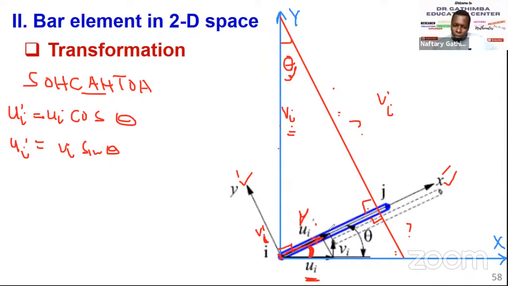So the other thing that we need to resolve is this displacement here. Remember, at this point, it might not make sense at the element scale, but at the global scale, we know the vertical displacement for the structure is important. Why we are saying it doesn't make sense is because it doesn't contribute to the stretch of an element, because the load is only applied along the axis of the member.